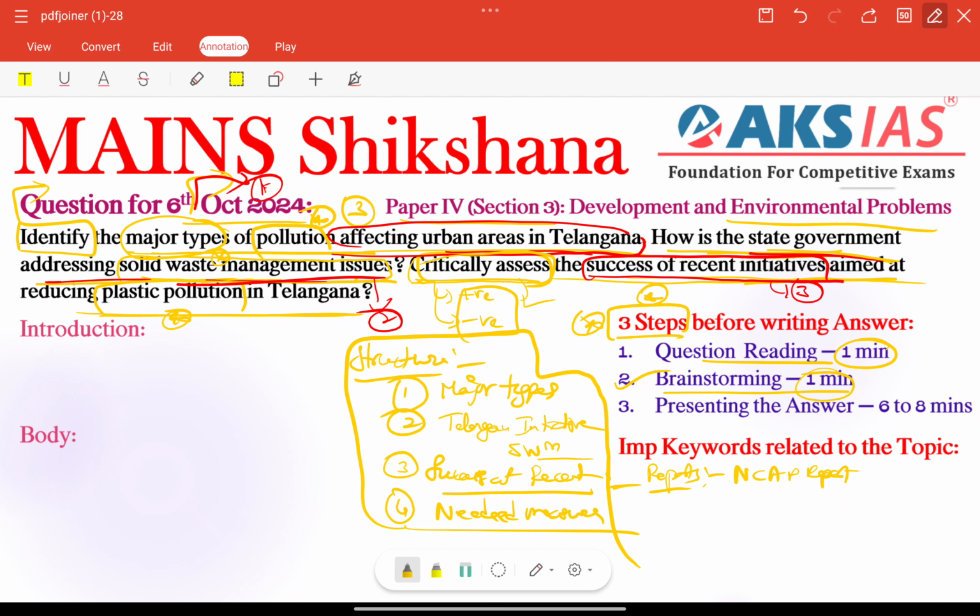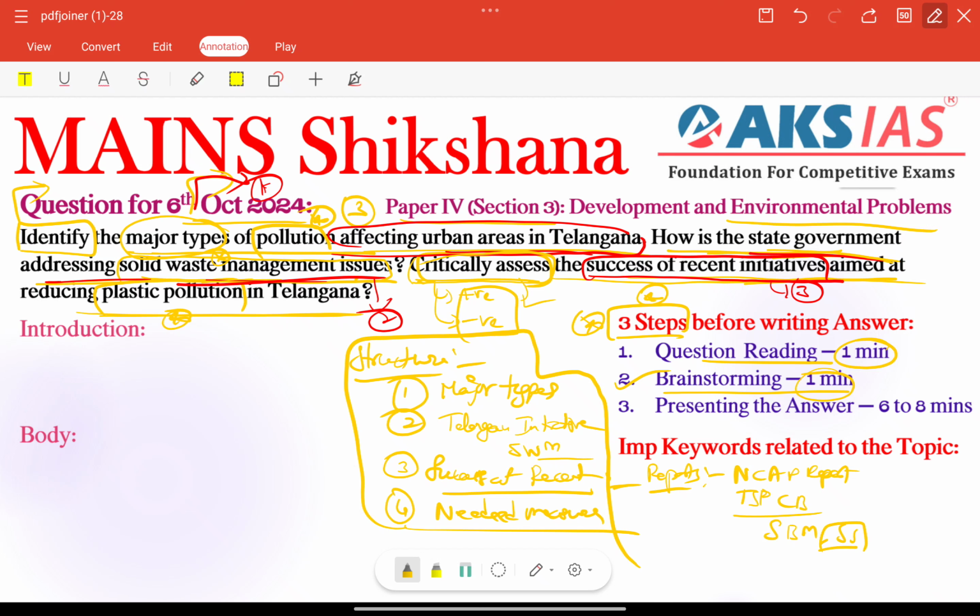We have Telangana, especially we are talking about Telangana region pollution related initiatives or steps, right? So Telangana Pollution Control Board we need to include here, reports. And also we have Telangana State Pollution Control Board, and also we have Swachh Sarvekshan or Swachh Bharat Mission. That is also a very important report, right?